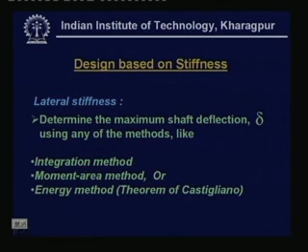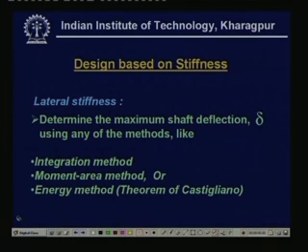So, here we first consider the fact that is called the lateral stiffness. So, what is the lateral stiffness? That means, if we are considering some machine member, acted upon by some support and a load, then it will have a natural tendency to bend by the action of the load.